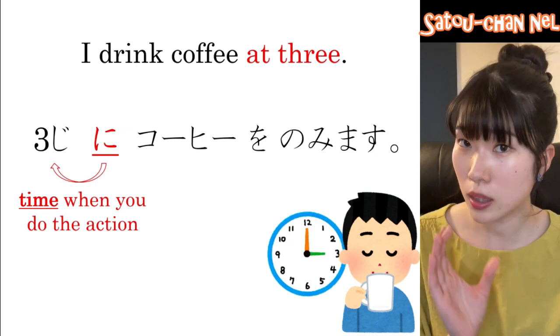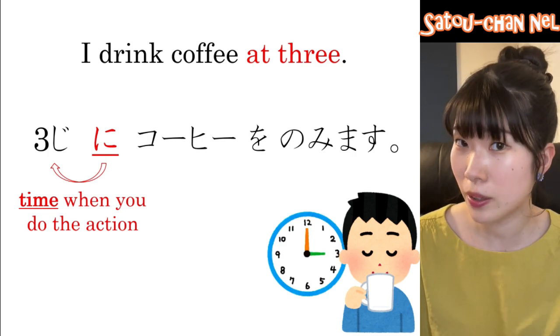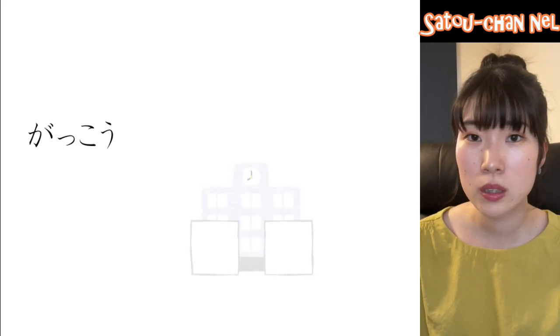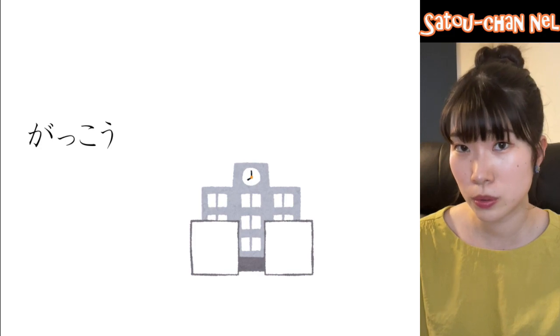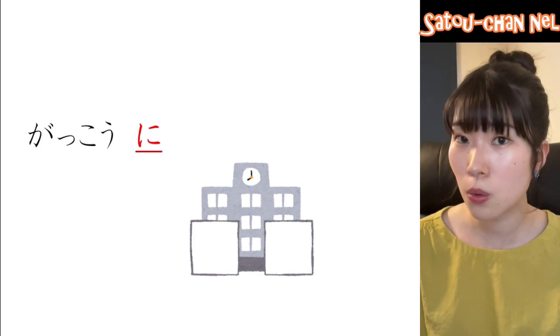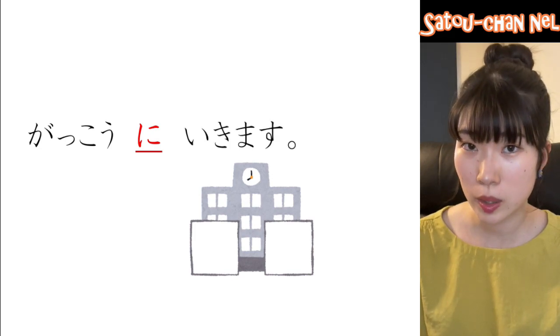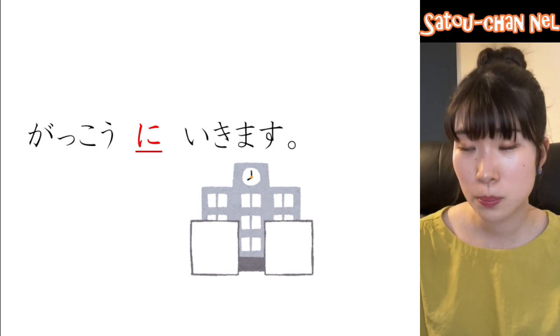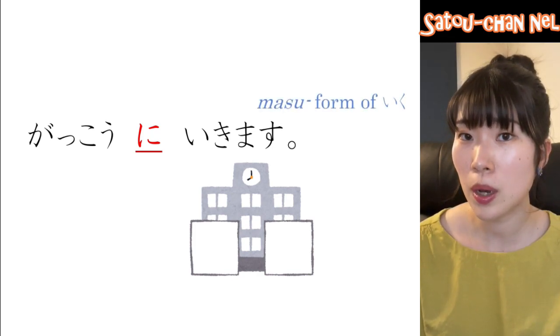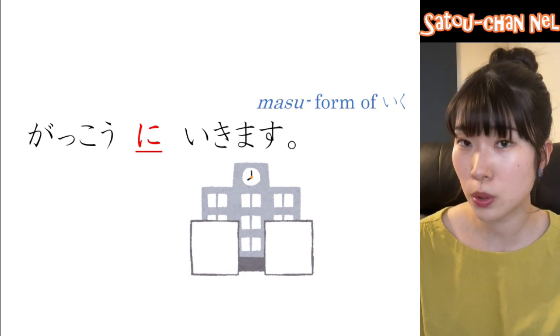So particle に indicates the time when you do the action. But this に also means something else. Please look at the sentence and guess what the particle に indicates here. 学校 is school. 学校に行きます。行きます is a masu form of the verb 行く, to go.